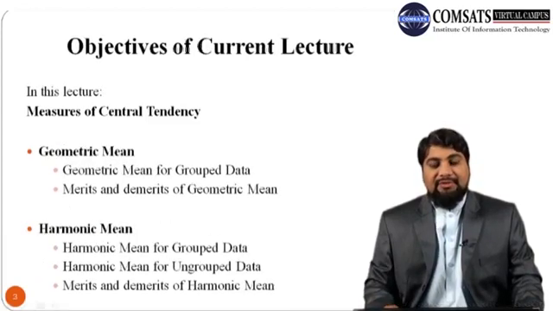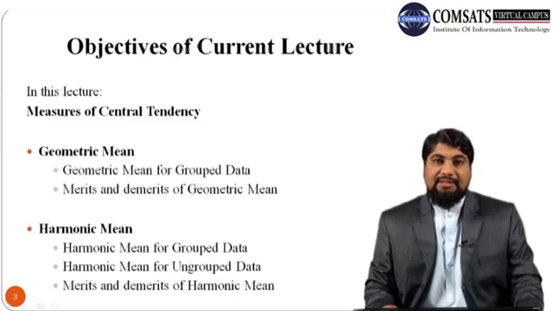So let us discuss the objectives of the current lecture. In today's lecture we will continue our discussion of measures of central tendency, and we will discuss how to calculate the geometric mean for the grouped data, and we will also discuss the merits and demerits of using the geometric mean as a measure of central tendency.